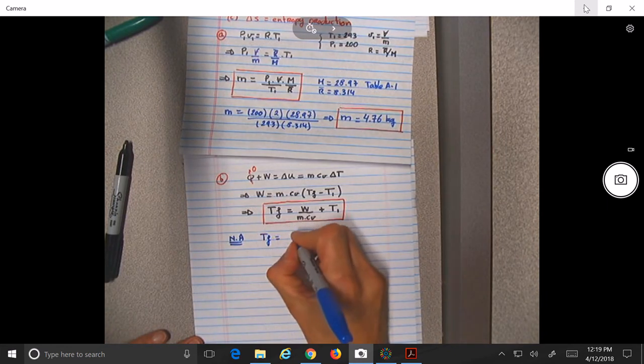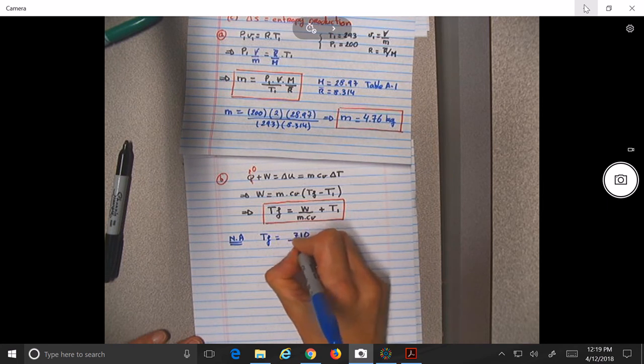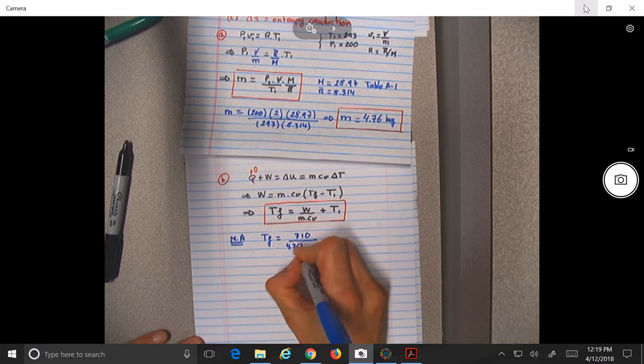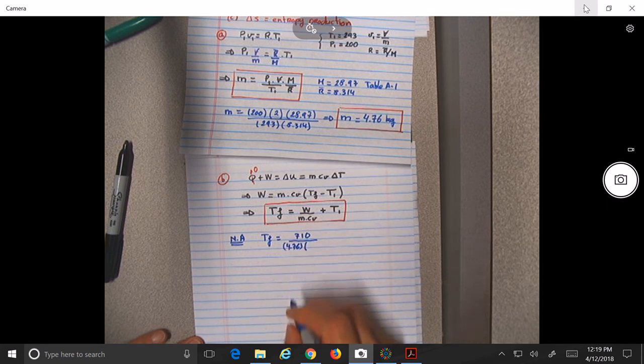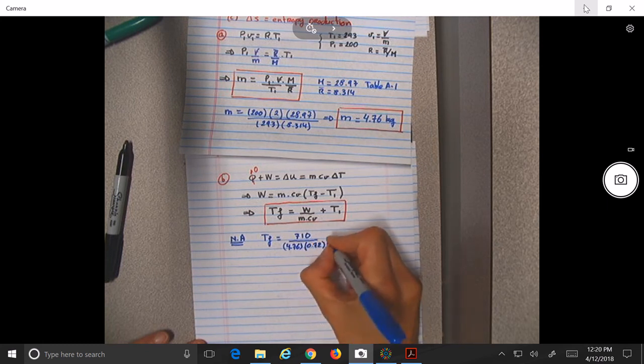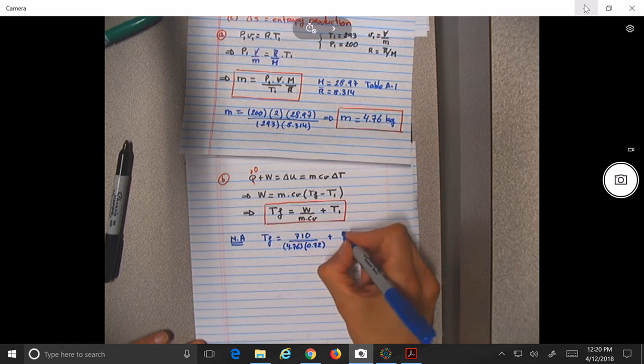So we have 710 divided by the 4.76 that we just calculated, times C, which is 0.72, plus T1, which is what? 293.